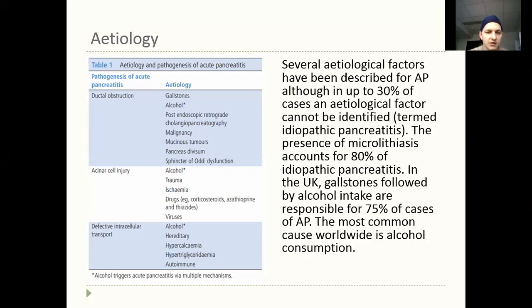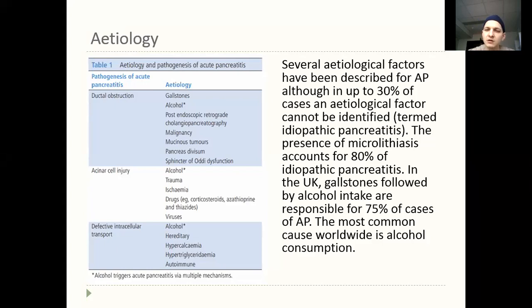For acinar cell injury, we have alcohol, trauma, ischemia, drugs, for example, corticosteroids, azathioprine, and thiazides, and viruses. For defective intracellular transport, we have alcohol, cardiopathy, hypercalcemia, hypertriglyceridemia, and autoimmune.